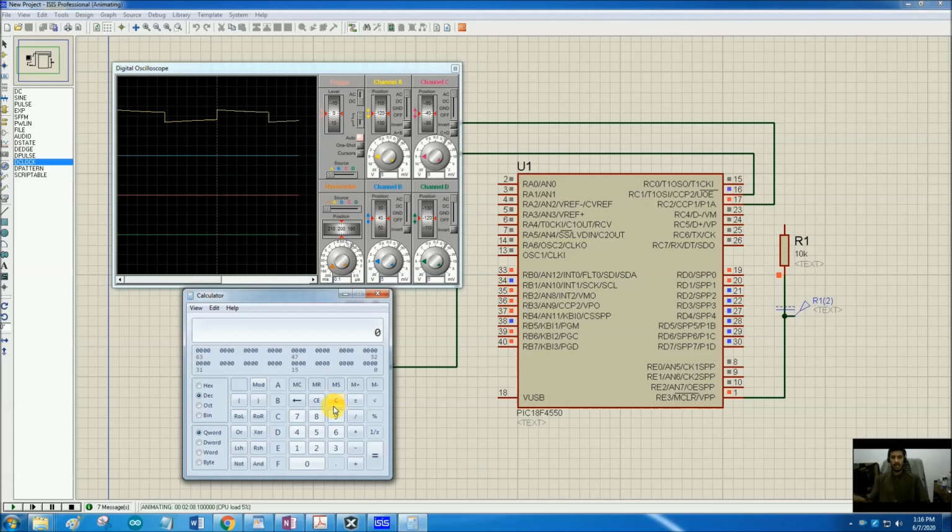1000 microseconds should translate to how many counts in the case of timer 1 that has no prescaler, that has a clock input of 4 megahertz divided by 4, f oscillator by 4, that is 1 megahertz. So 1 megahertz is 1 microsecond. Remember, we are not using any prescaler for timer 1.